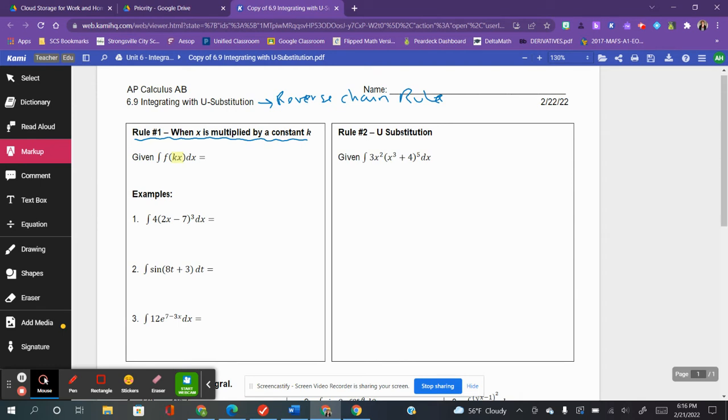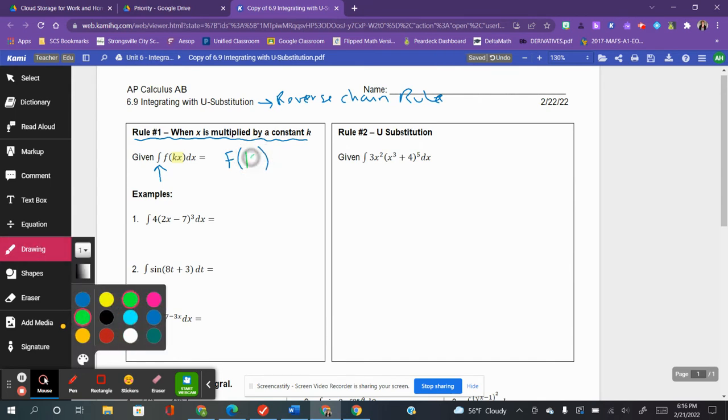Now, when we do the chain rule, we take the derivative of the outside, whatever was inside stays there, and we multiply by the derivative of the inside. For antiderivatives, we are going to do something similar. We are going to do the antiderivative of the outside. Antiderivative of little f is capital F. Whatever was inside stays inside.